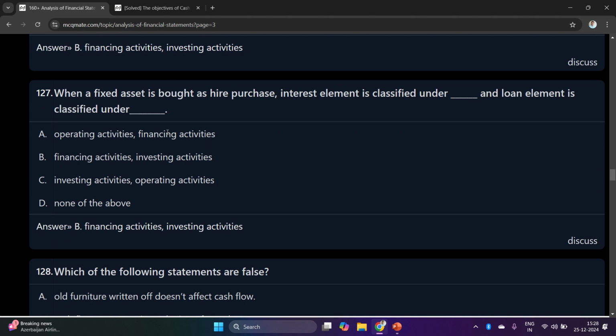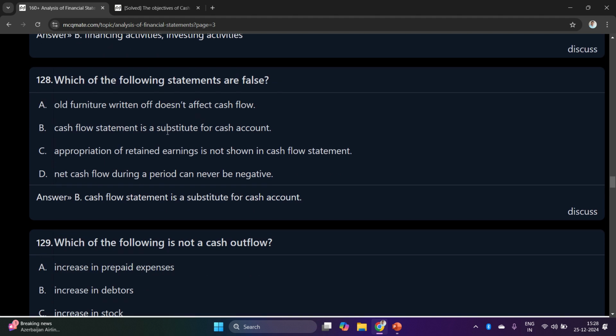When a fixed asset is bought under hire purchase, the interest element is classified under financing activity, and the loan amount is classified as investing activity. So the following statements are false.